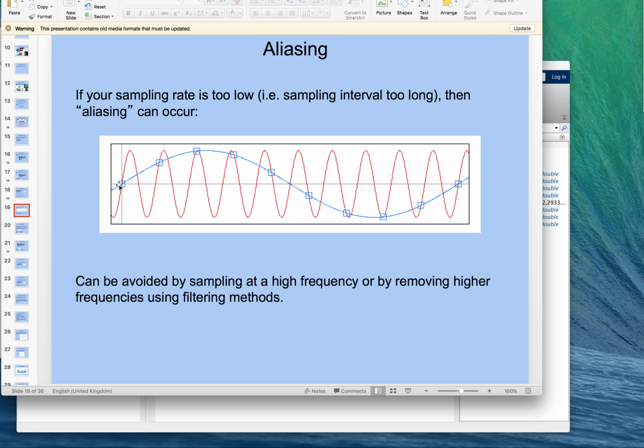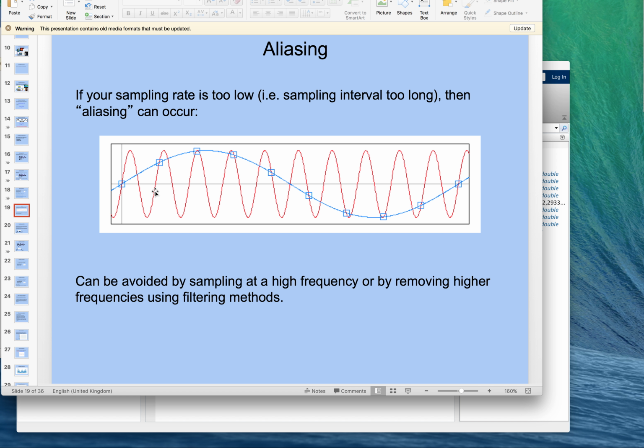So, for example, in this artificial time series, just a simple sinusoid, we can see that this red line up to this point represents a full wave period, and while we have a sample at the very beginning of that wave period, we don't take another observation, we don't record another data point until into the next cycle of this wave.